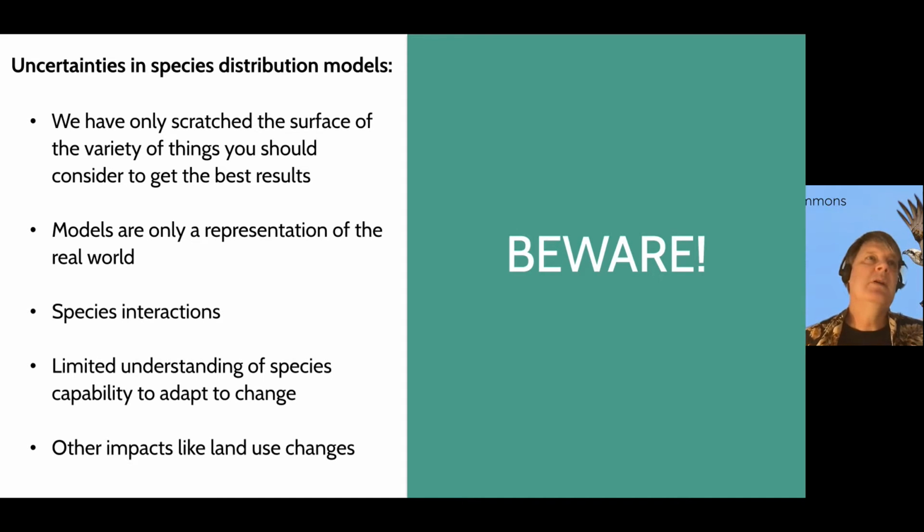Most of these models don't pick up the species interactions that are also influencing the distribution of the species that you're studying, right? Sometimes you can come up with proxies that capture some of that actual distribution, but oftentimes you're going to overpredict where the species likely is.